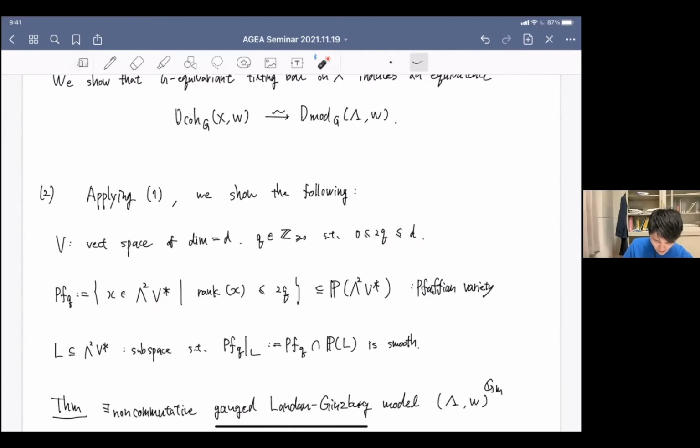And sometimes this variety is smooth. For example, PF_1 is nothing but the Grassmannian.